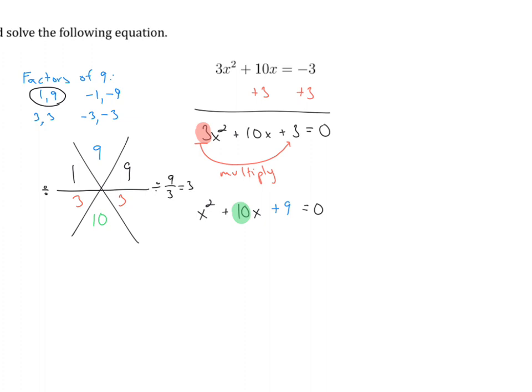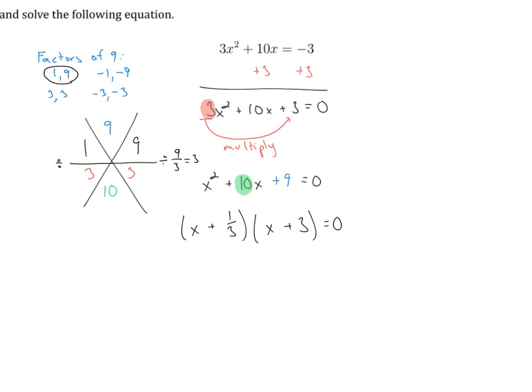So, writing out my factors, here's what we actually have. We have x plus 1/3 times x plus 3, and this is, of course, all equal to 0. Now, to actually write our appropriate factors, here's what I need to do. I need to take the denominator here, and I'm going to move it back to be the coefficient of x, in other words, the number in front of x.